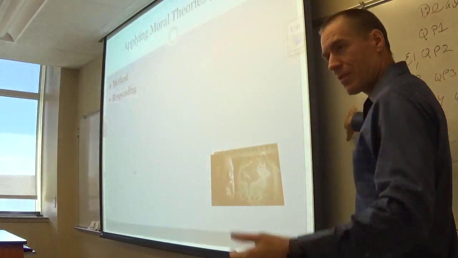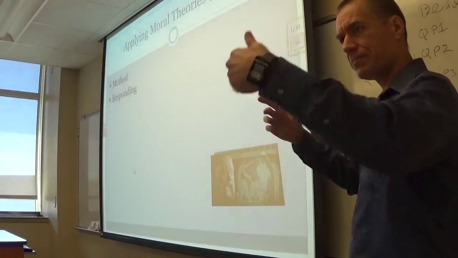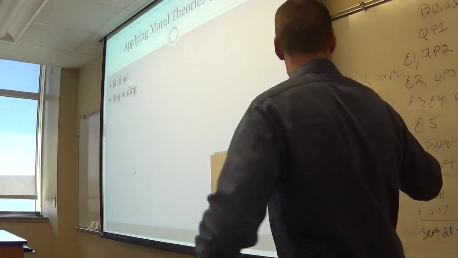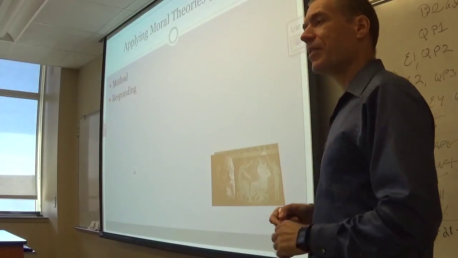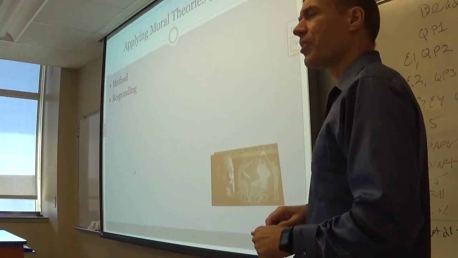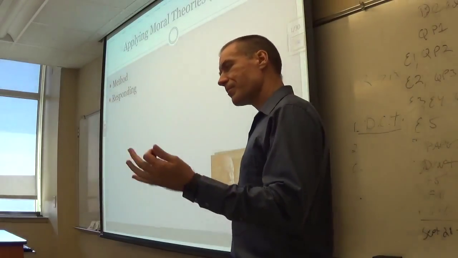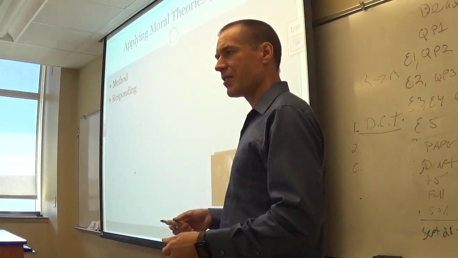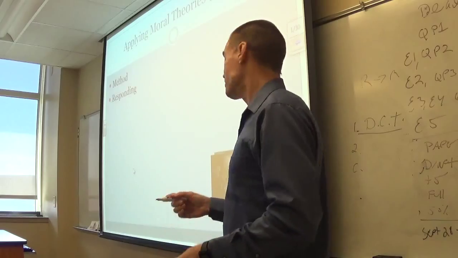And so one way to argue, for example, that same-sex marriage is immoral, you could say, I will be using divine command theory, which is the theory that what God commands is good because he commands it, and what he regards as bad or forbids is wrong because he forbids it.